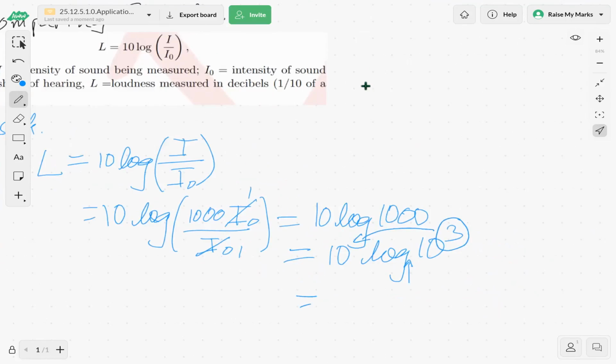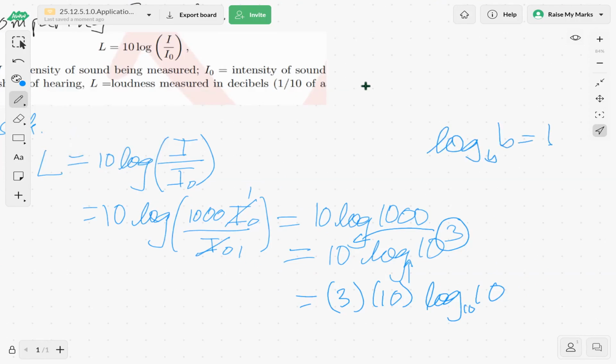And what do we get? We get 3 times 10 times log 10, again base 10. So recall log base b of b equals 1. So log base 10 of 10 equals 1. So we're left with 3 times 10, which is 30.